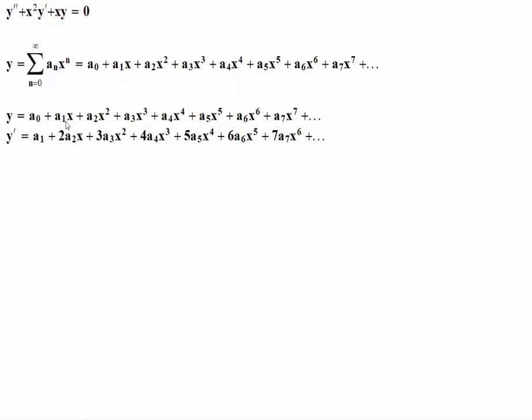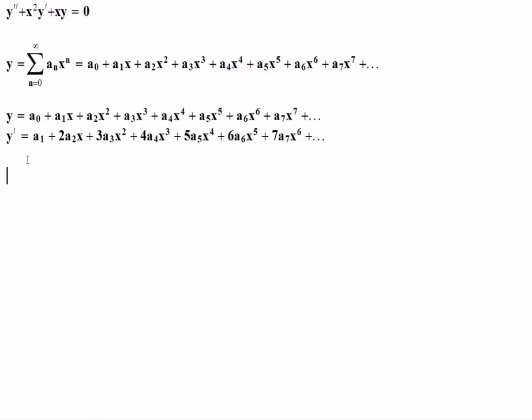Okay, now for the second derivative, we are going to differentiate the first derivative. So here we are differentiating the first derivative. The derivative of x is how much? 1.